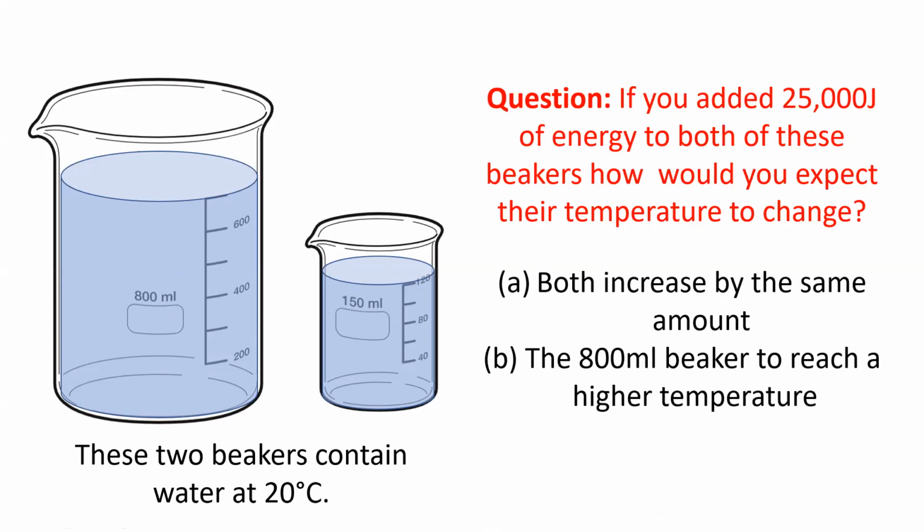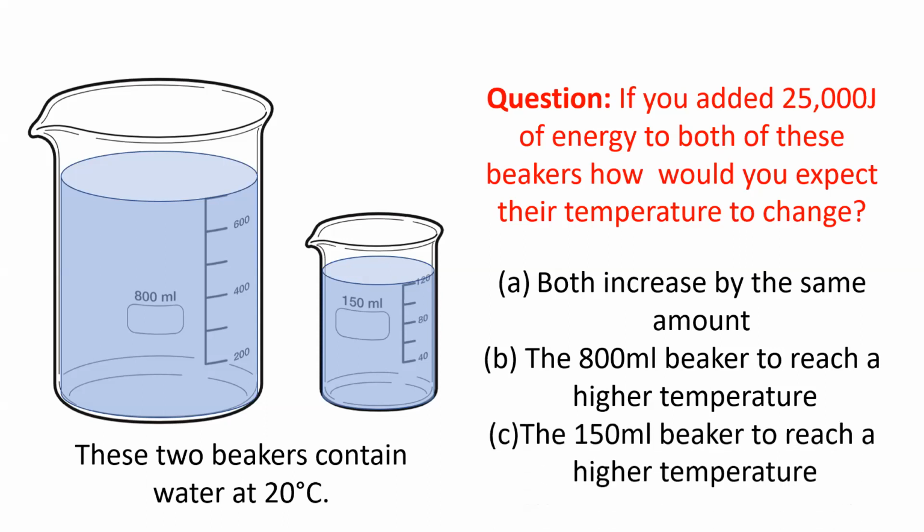Or would you B, expect the 800 milliliter beaker to reach a higher temperature? Or C, the 150 milliliter beaker to reach a higher temperature? Pause your video now and write down your answer and explain why you've given this answer.